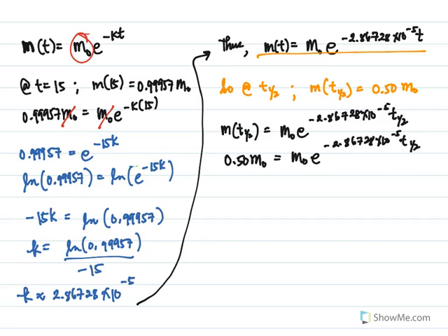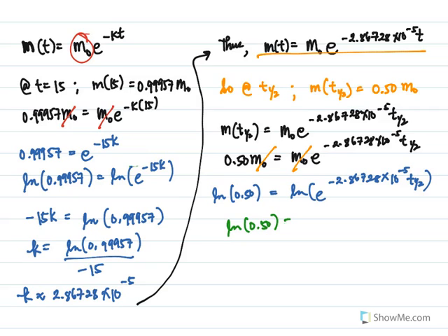The t sub 1 half is just notation. So, cancel the m naught, and then we can solve for t. When you take the ln of both sides, ln of 0.5 equals ln of e raised to negative 2.86728 times 10 to the negative 5 times t sub 1 half. We will be having here ln of 0.5 is equal to negative 2.86728 times 10 to the negative 5 times t sub 1 half.